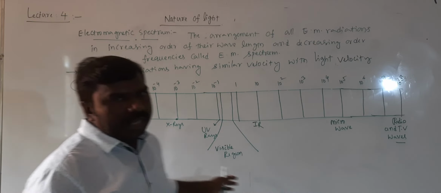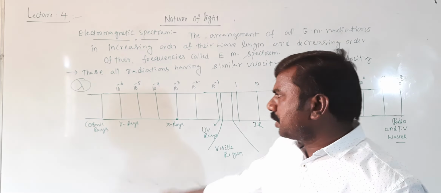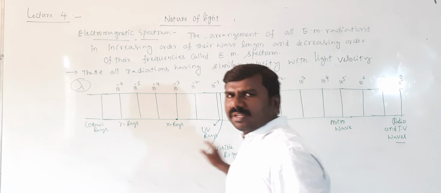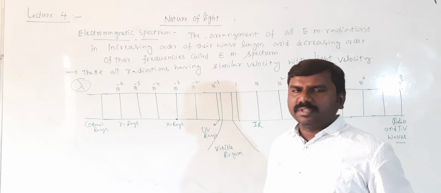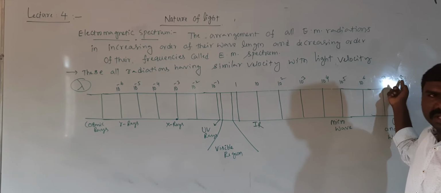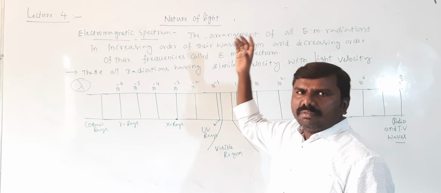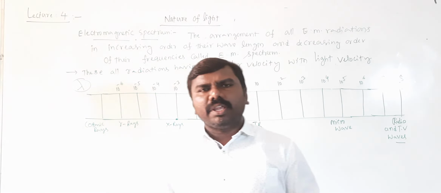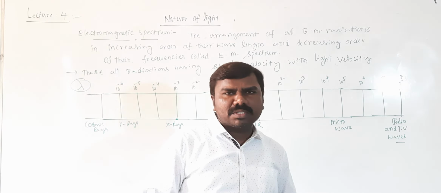Okay students, I arranged all the electromagnetic radiations in this order. This is wavelength; downside is frequency, though I didn't mention it. Wavelength gradually increases, or frequency decreases, because wavelength and frequency are inversely proportional.